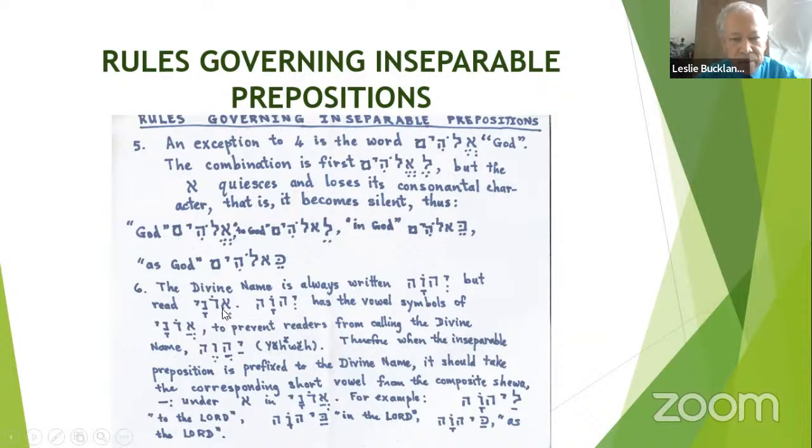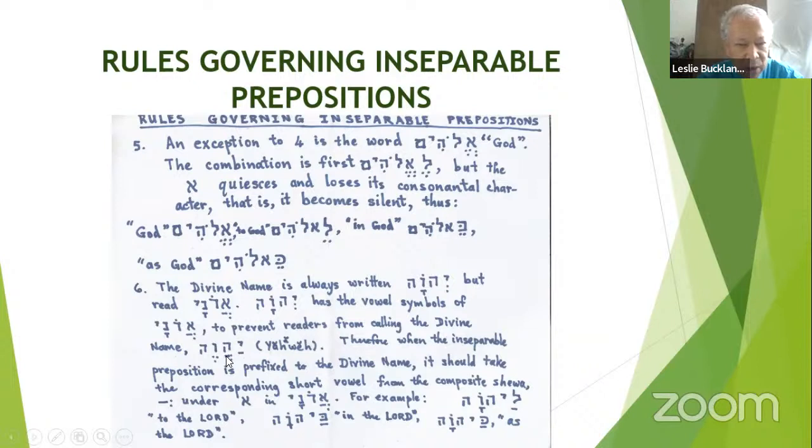That's why a lot of times God's name is translated in the Old Testament as Lord. It is coming from the practice of reading this as Adonai instead of as Yehovah. Now, Yehovah has the vowels of Adonai to prevent readers from calling the divine name.